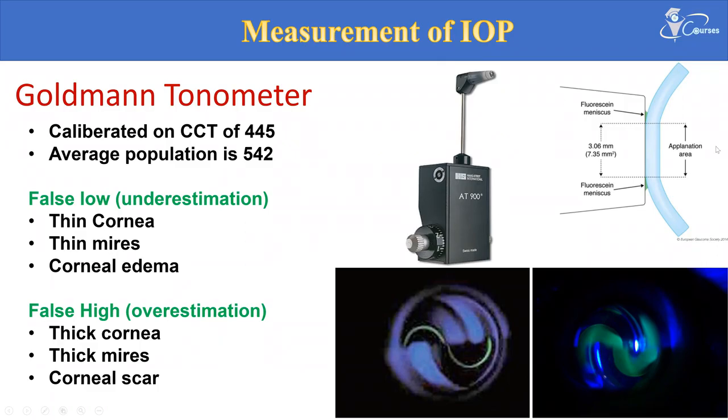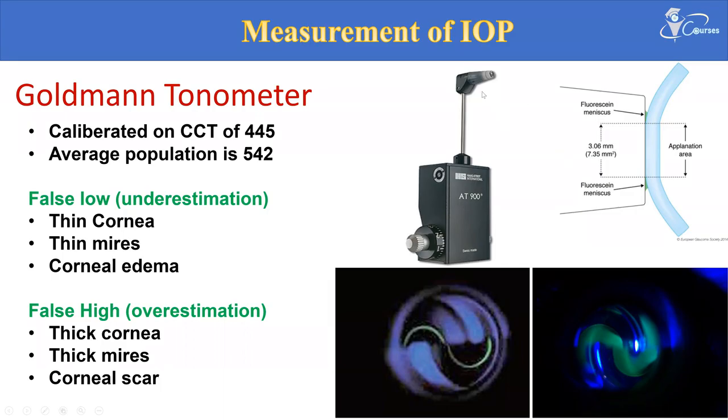This number points to the pressure inside the eye. This is called the Imbert-Fick principle: we are flattening a specific area of the cornea, around 3.06 millimeters, in order to know the intraocular pressure. So it is an indirect way to know the intraocular pressure.